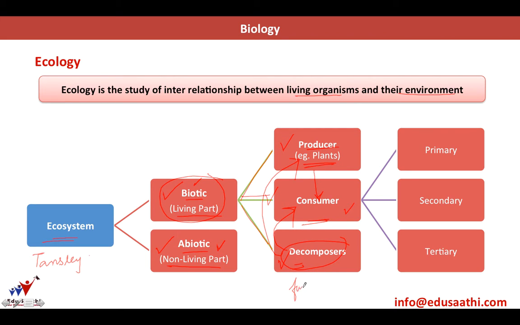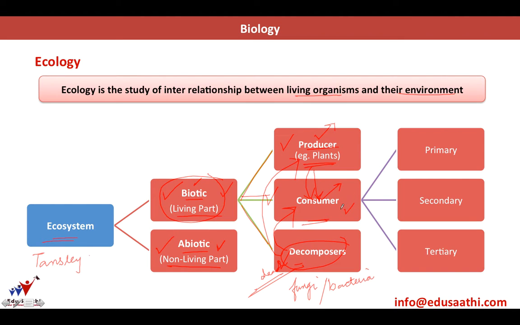Mainly, fungi and bacteria are counted as decomposers. So all living things can be categorized either as producers, who make their own food, consumers, who do not make their own food but consume the food produced by the producer, and decomposers, which act on dead consumers and dead producers to convert them back into physical elements.